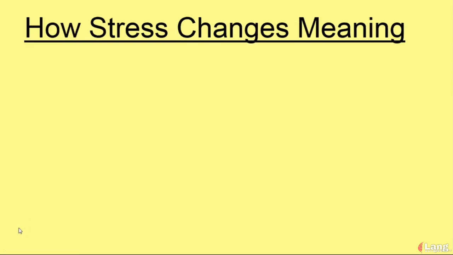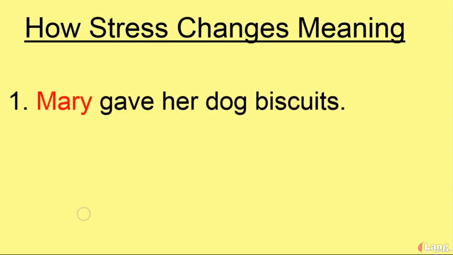How we place the stress and which word receives the most stress in our sentence can often change our meaning. For example, in this sentence, the stress is on Mary. And so I say it as Mary gave her dog biscuits.